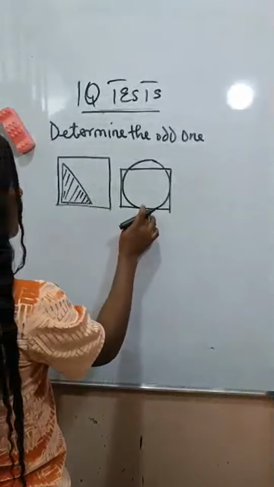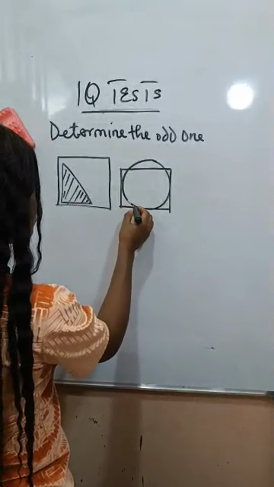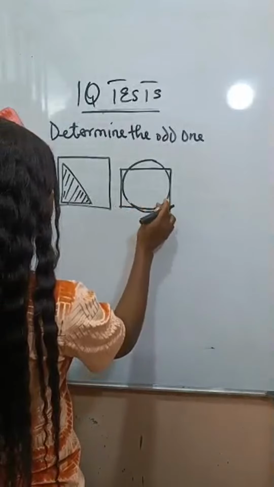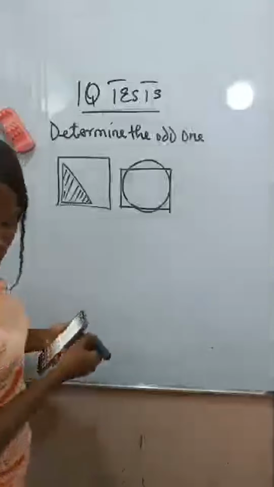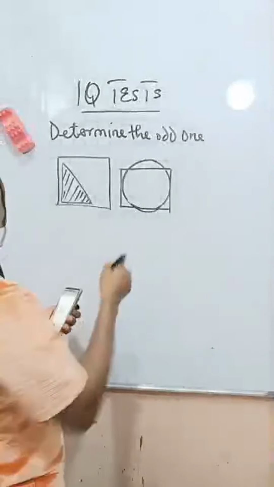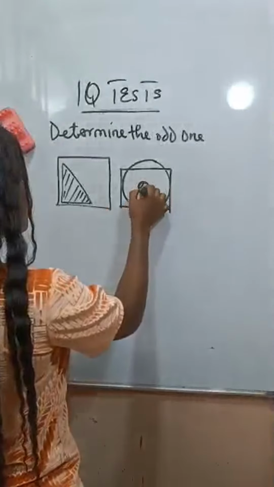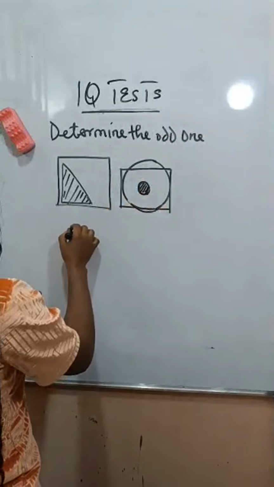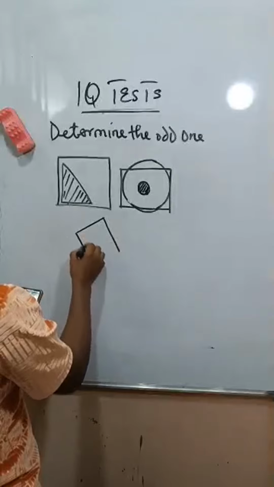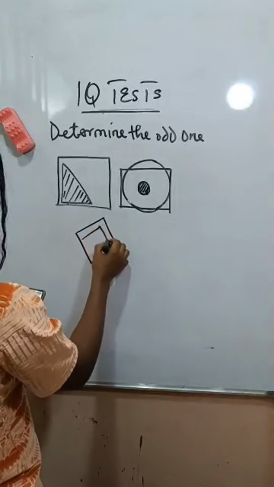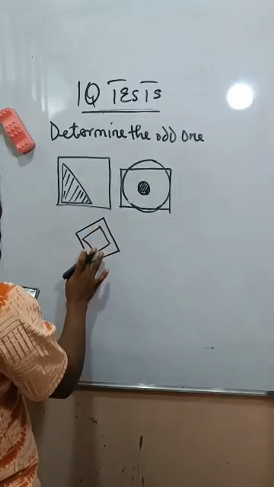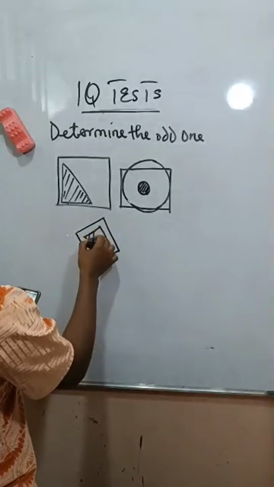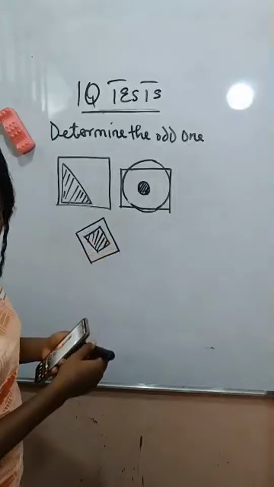This is going to come down, and we are seeing this part. Pardon my drawing. We're supposed to have something like this, and then we have another circle, and this is shaded as well. Then we have this, and we have this shaded.